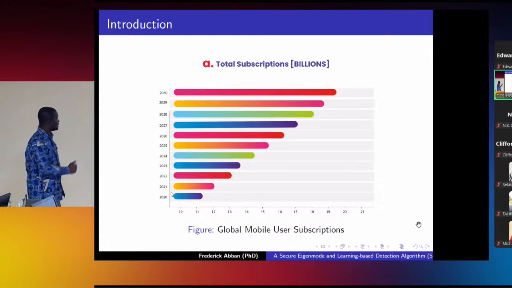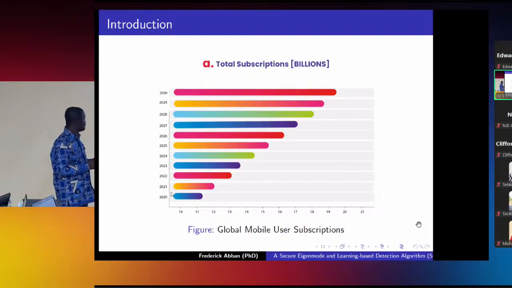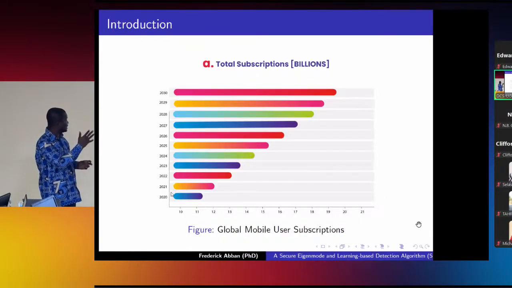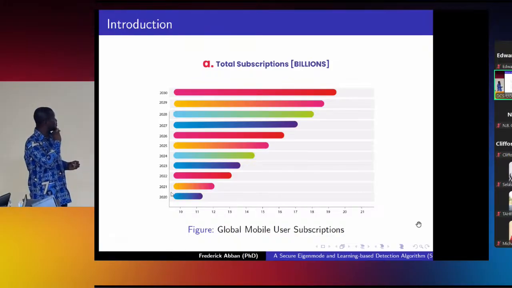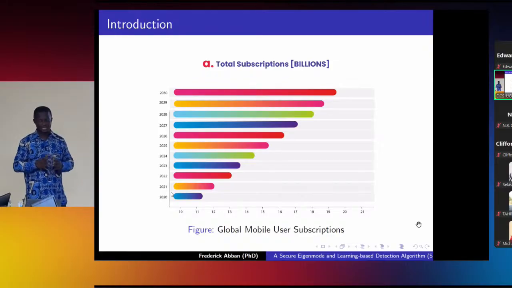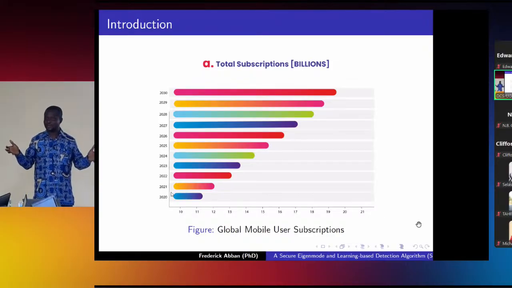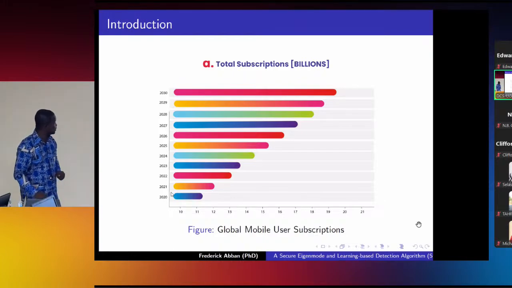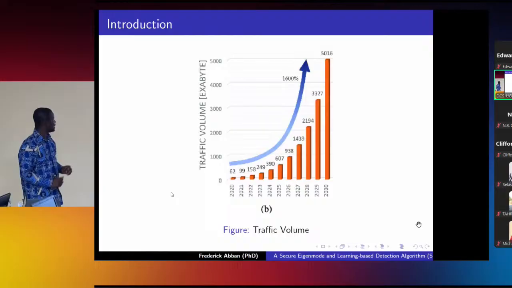Now, if you check the image I have on the screen, this is for subscribers, and they are in billions. Between 2025, which is approximately 15 billion subscribers, and then year 2030, we'll be looking at close to 21 billion subscribers. Human beings on Earth are not up to that much, but we've got enough devices to go over the human population.